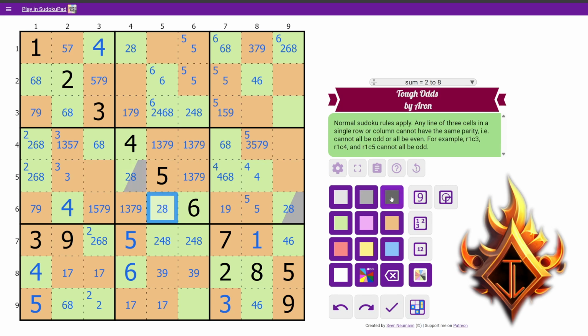So this one I'll make a darker shade, and then that's gonna be there. You see it? That's gonna be in one of those.